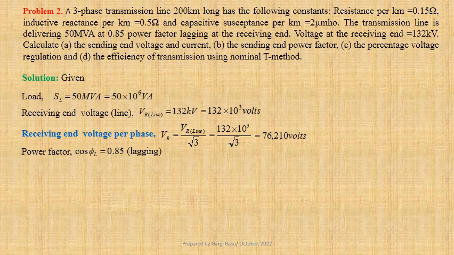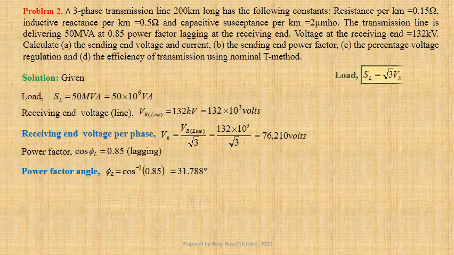Let us now calculate power factor angle. Phi L equals cos inverse 0.85, that is equal to 31.788 degree. We know that load SL equals root 3 times VR line into IL. Therefore, load current IL equals SL divided by root 3 times VR line.